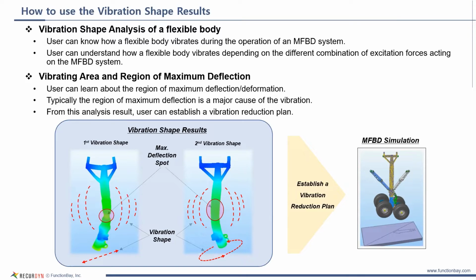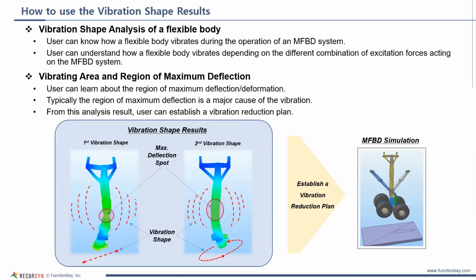One can select the area of interest, and within that area of interest, there might be a region of maximum deflection or deformation. That tends to be related to the major cause of the vibration.